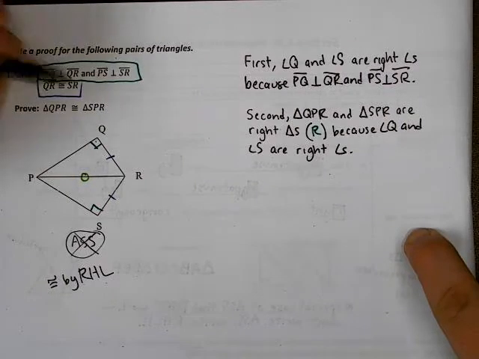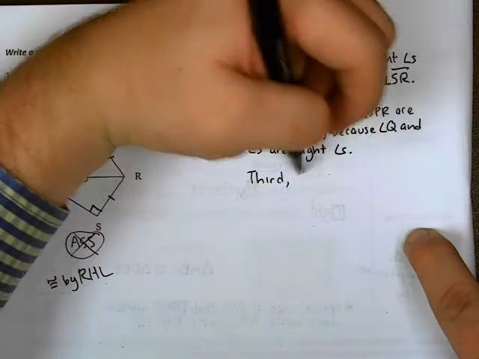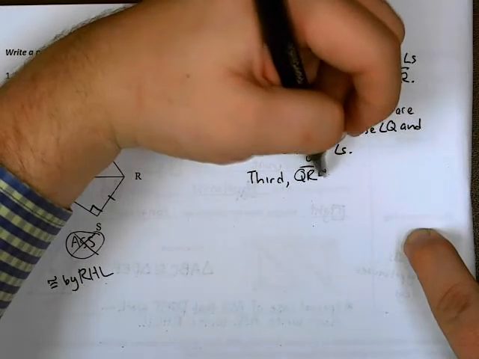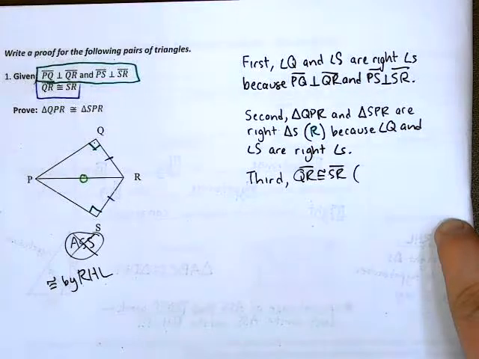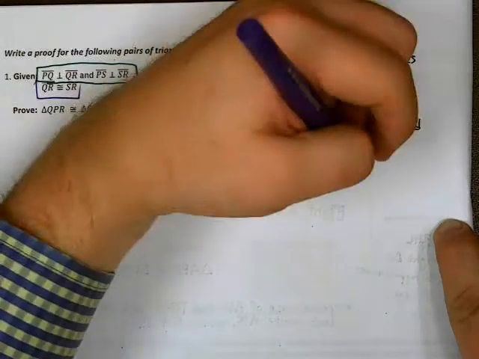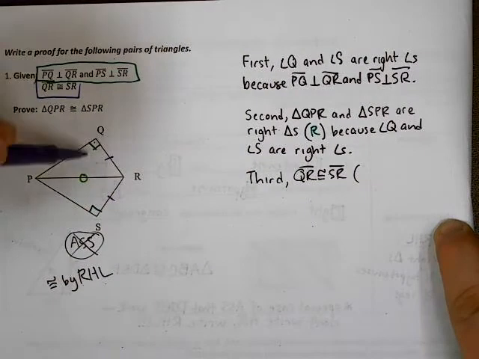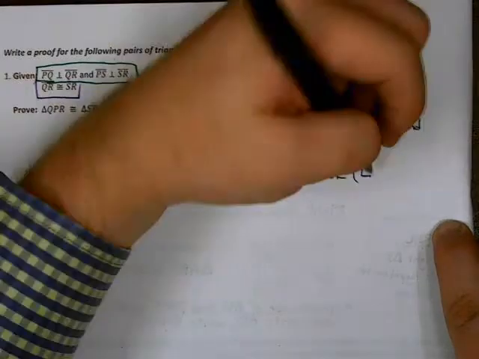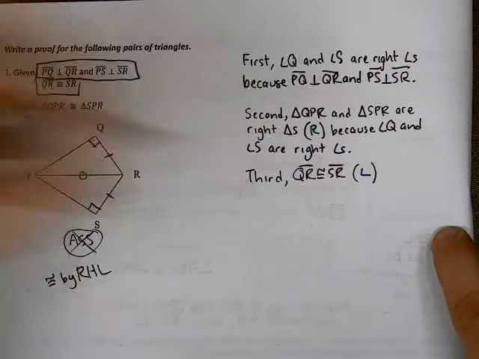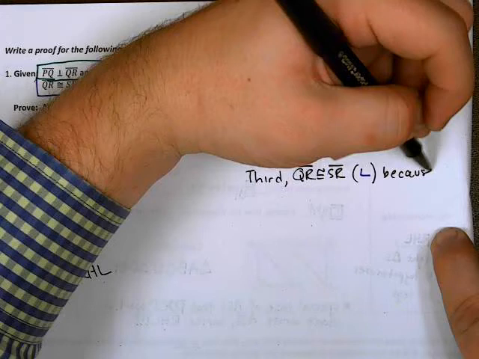So I have QR to SR. Okay, so third, I needed that. QR is congruent to SR, which is a side, or no, my bad, not the hypotenuse. QR and SR are, is it across from the right angle? No, it's next to it. So these are the legs. QR is congruent to SR because it's given.